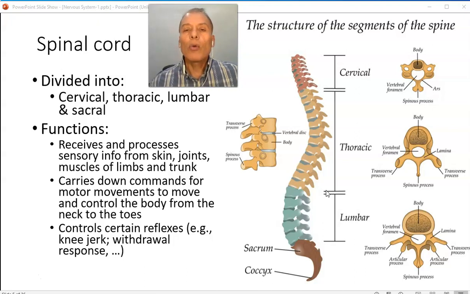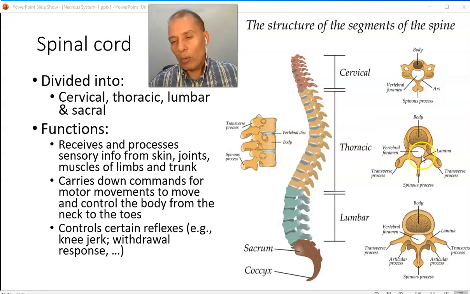So the spinal cord, just like a cable, goes through the little canals inside of the vertebrae. The body of the vertebra is facing the inside of the body, and the spinous process is outside.